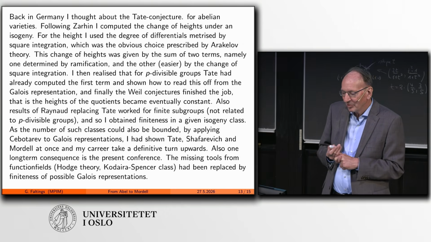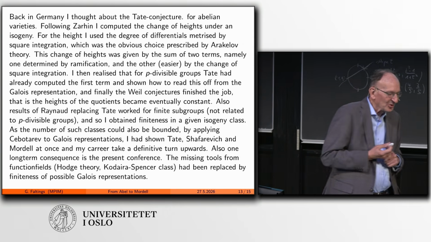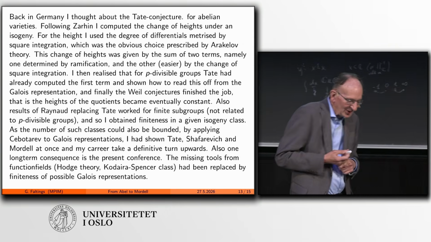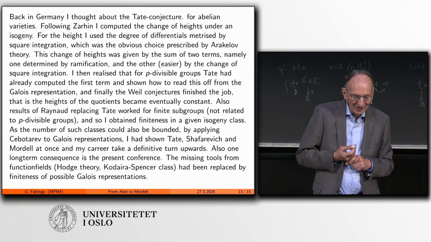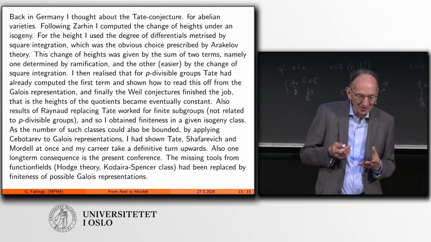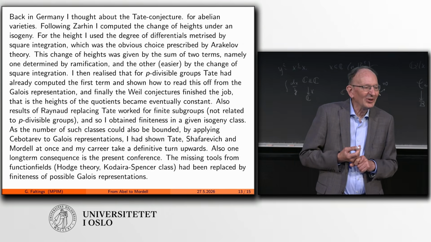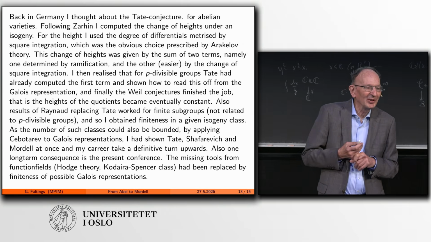But then I had to think, if you take the quotient of an abelian variety, you have a map from A to B. And what happens to the heights? There are two terms. One thing is if you go to B, you integrate over a quotient, and so the integral is smaller. You get something like the square root of the degree because it takes the L2 integral.